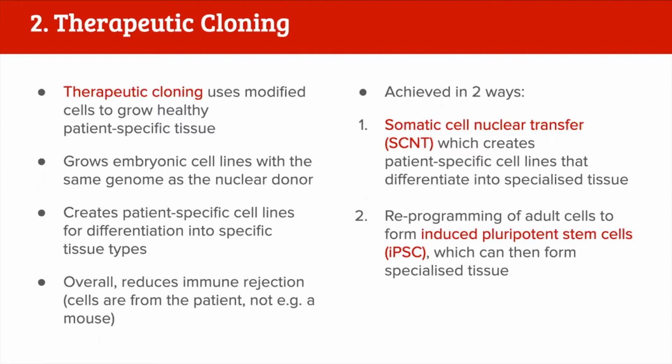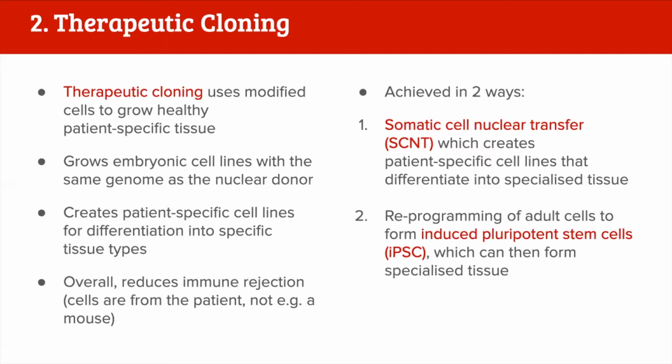So therapeutic cloning can be achieved in two ways. The first way, or the main way that's probably most relevant to you, is somatic cell nuclear transfer, which in short we call SCNT. And that, again, creates patient-specific cell lines that differentiate into specialized tissue.